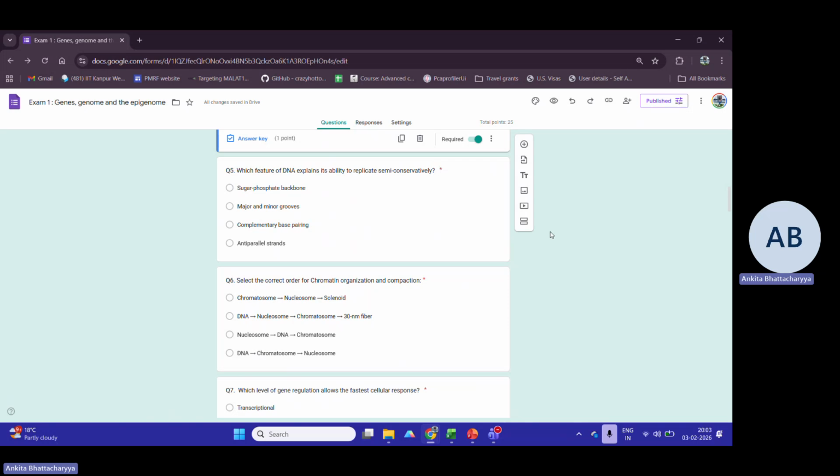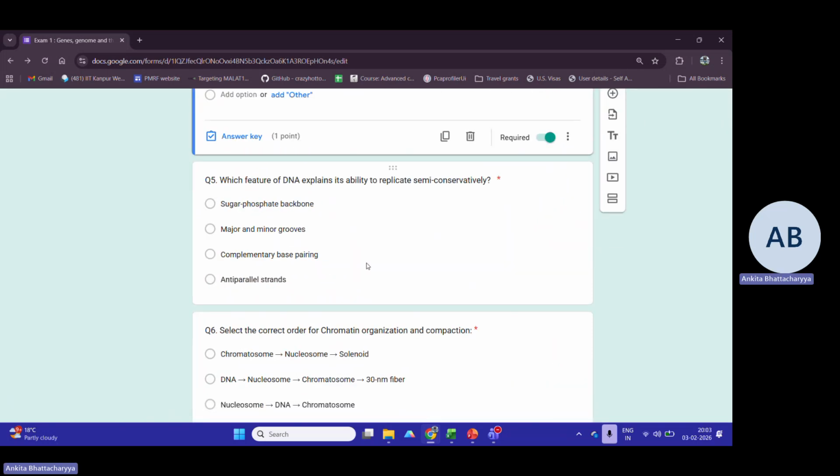Next, which feature of DNA explains its ability to replicate semi-conservatively? So, if you remember this, I don't think I've discussed the experiment in this case. I think it was Meselson-Stahl's experiment that showed it.